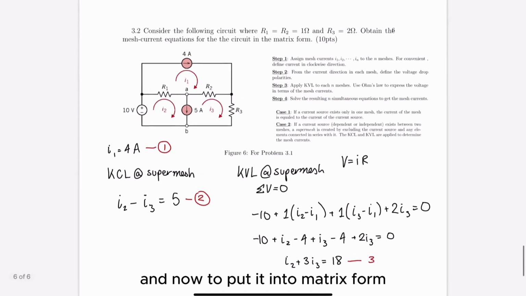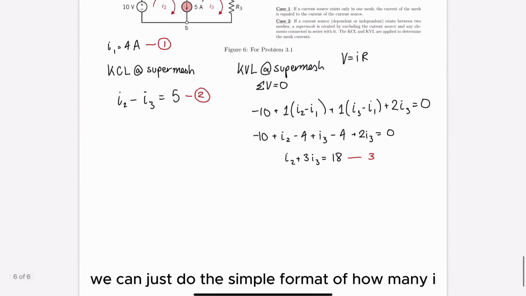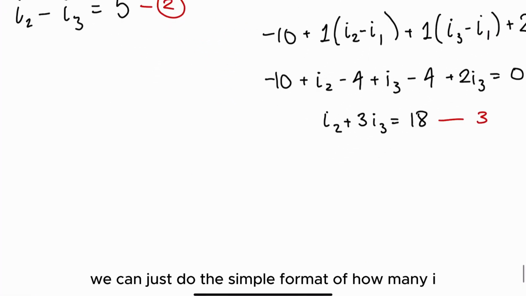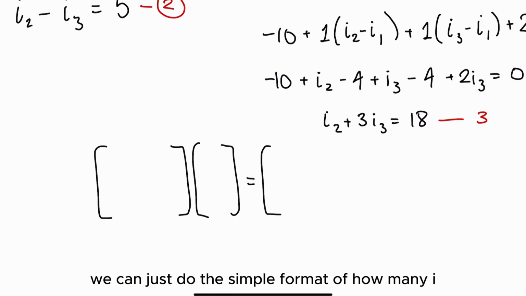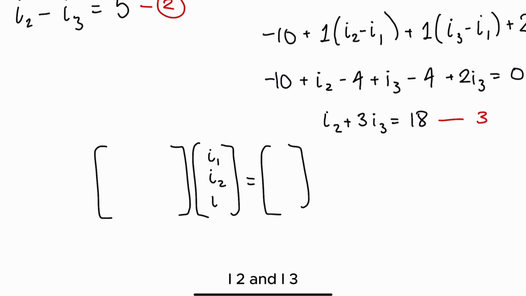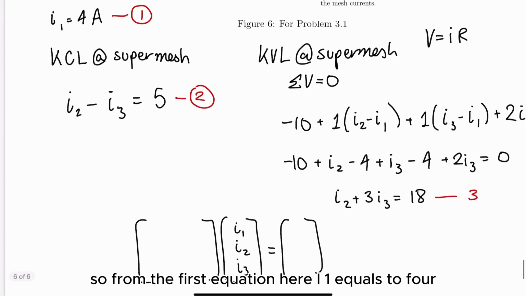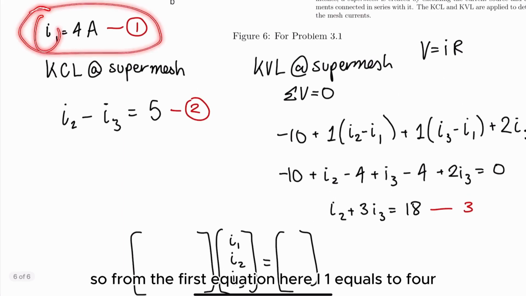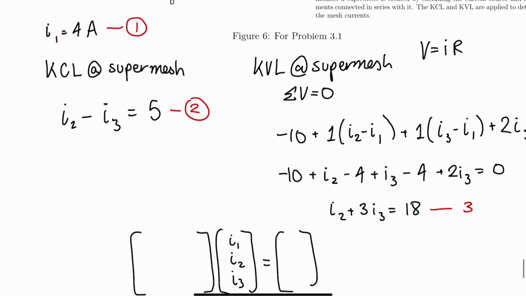Now to put it into matrix form, we just do the simple format by counting how many unknowns we have. We have three unknowns: I1, I2, and I3. From the first equation, I1 equals 4.